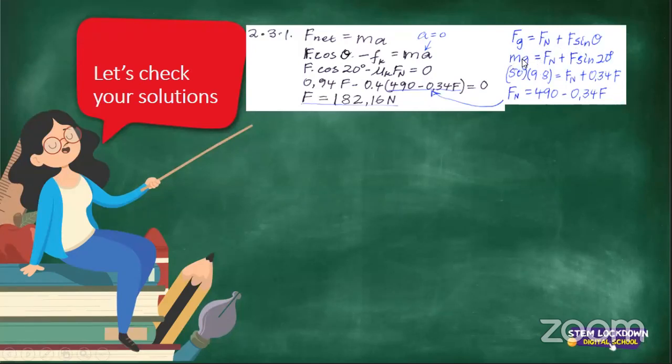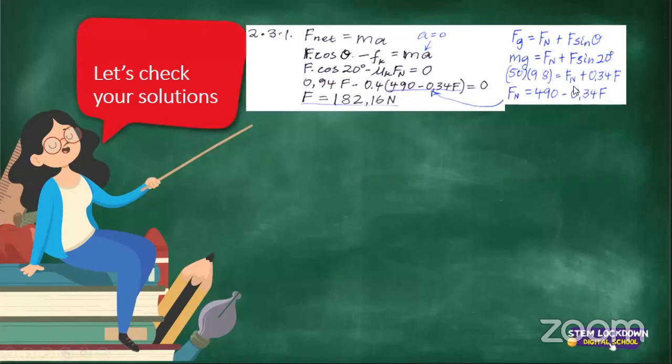So Fg, the weight, is mg, and this will be Fn plus F sine 20. Now M will be 15, G is 9.8, and that gives you 490, and sine theta will be 0.34.